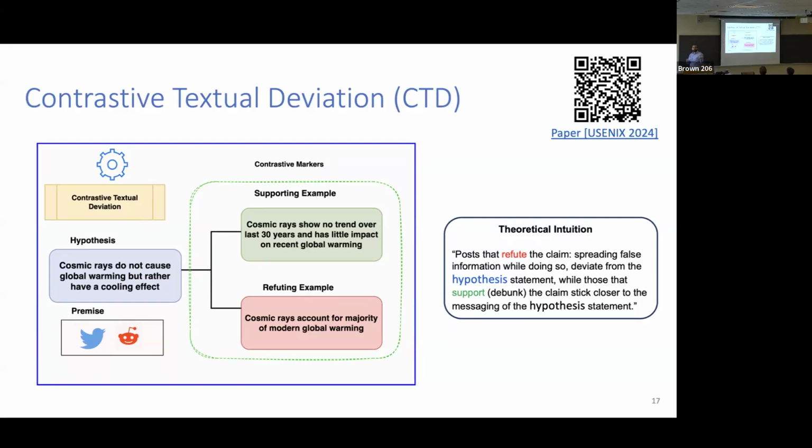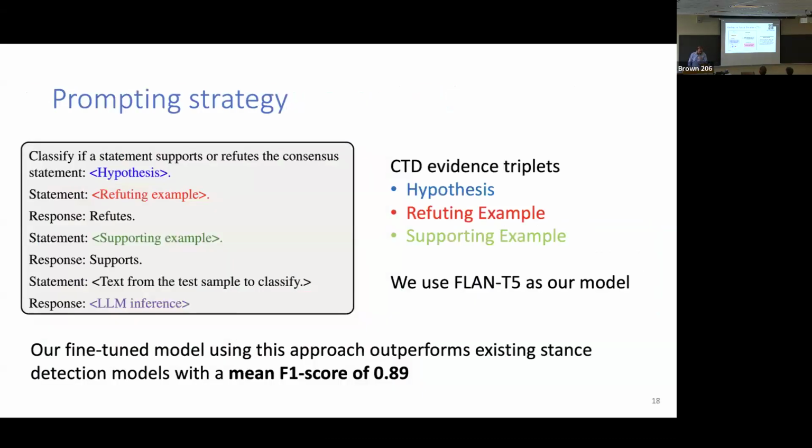Then we use two contrastive markers, and we found that this works very well to ground the model, prevent hallucinations, and give accurate answers, where we show a positive example. This is an example of a social media post supporting that misinformation or that consensus, and the other one is refuting it.